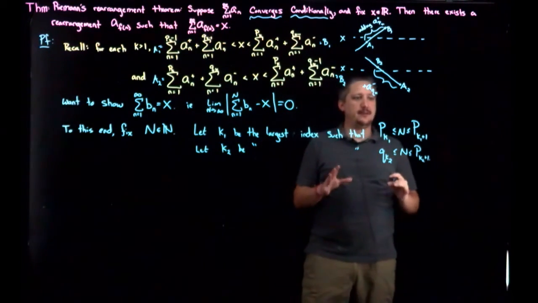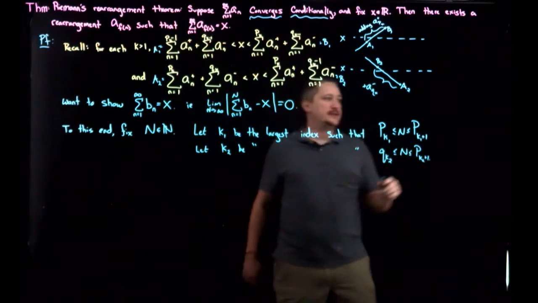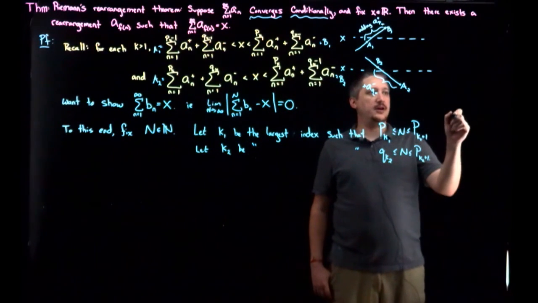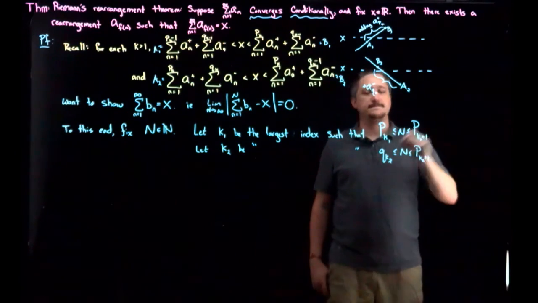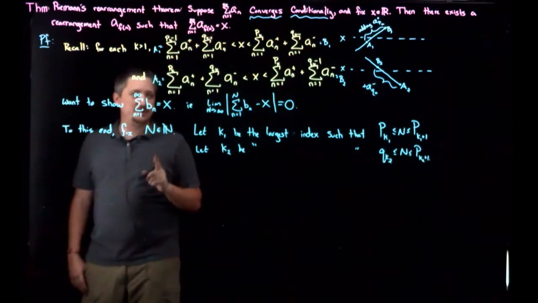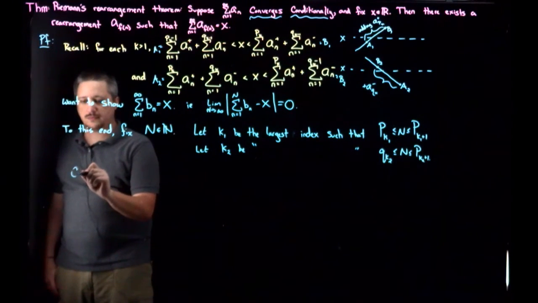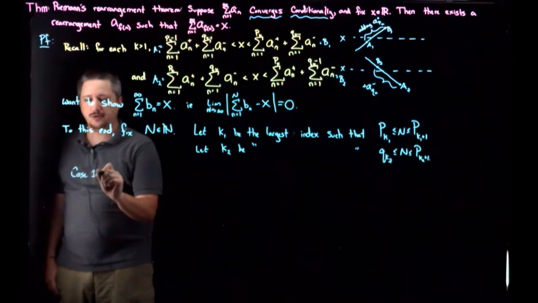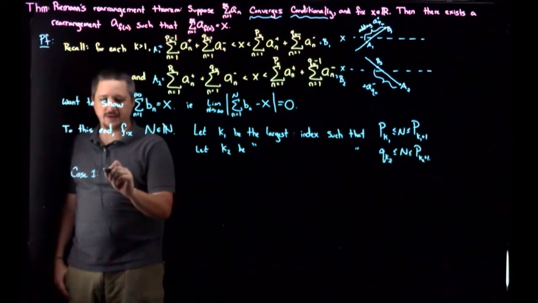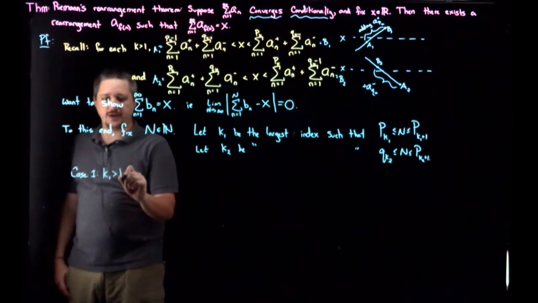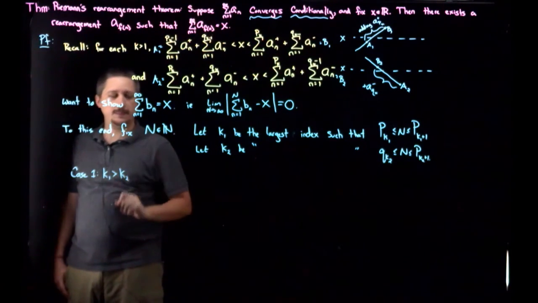So essentially what's happening here is, so that I can draw one picture nicely, let me do this. Case 1, let's just say that K1 is greater than K2.